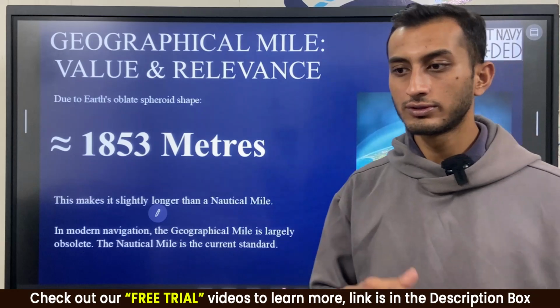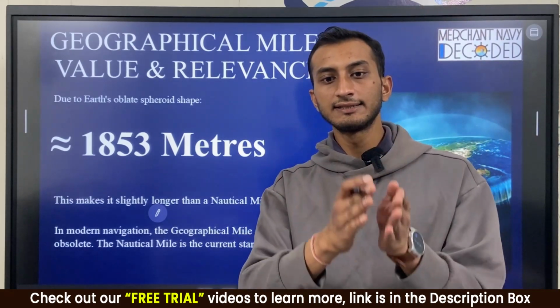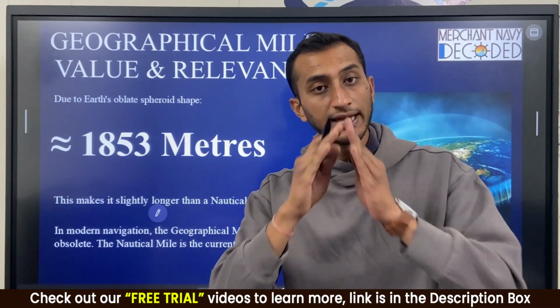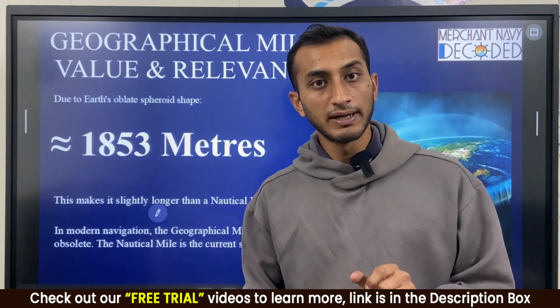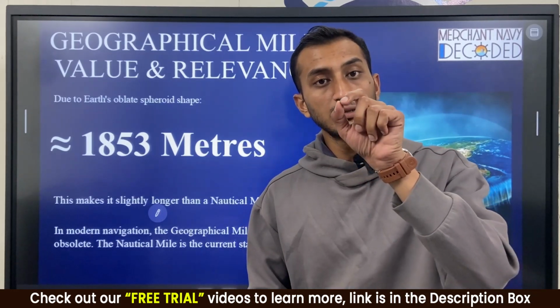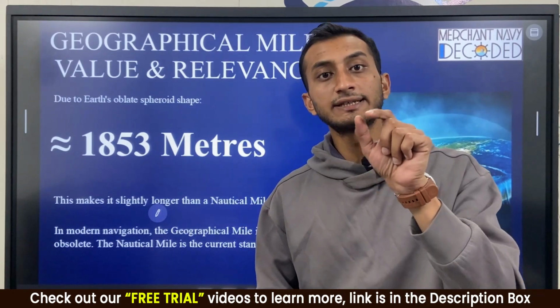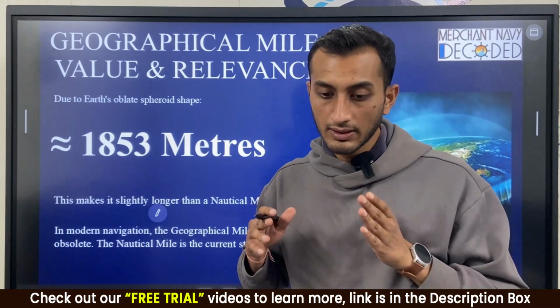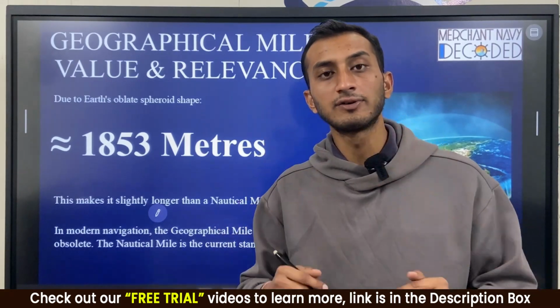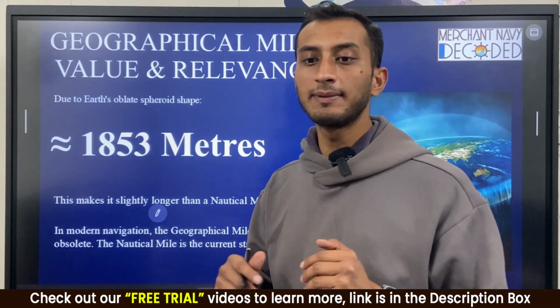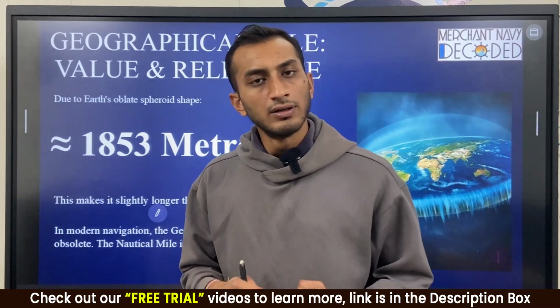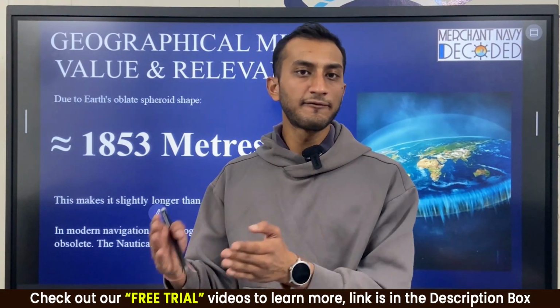And why we don't use geographical mile is because the distance between the longitude does not remain constant. It changes at different latitude. At 10 degree latitude the distance might be different, at 20 degree latitude it is different.